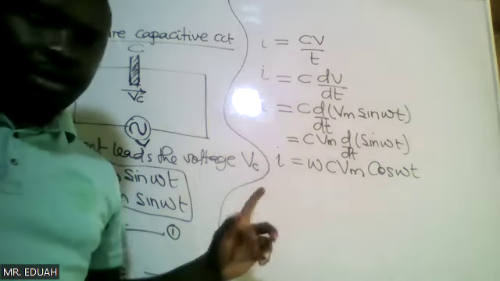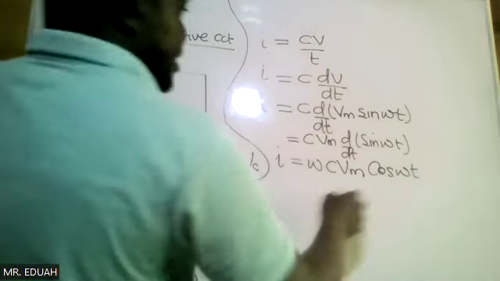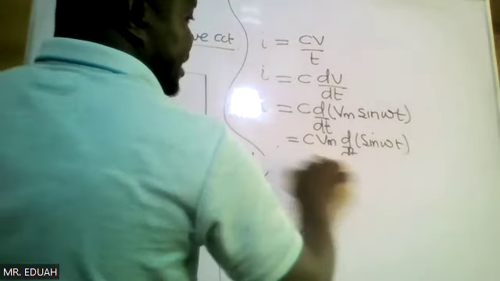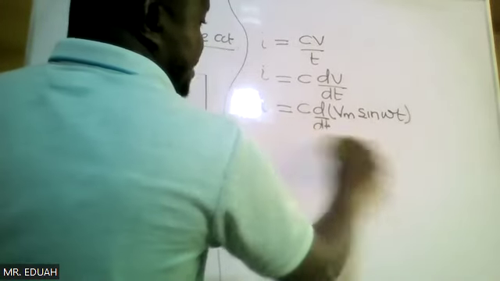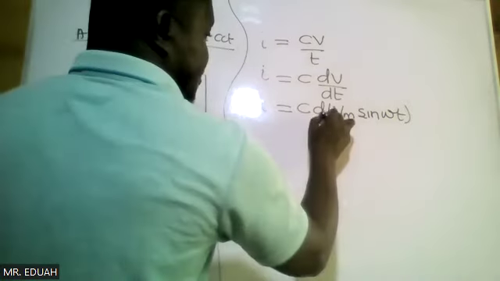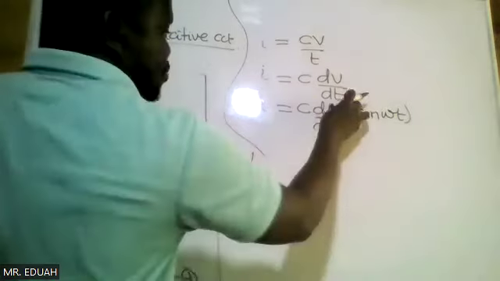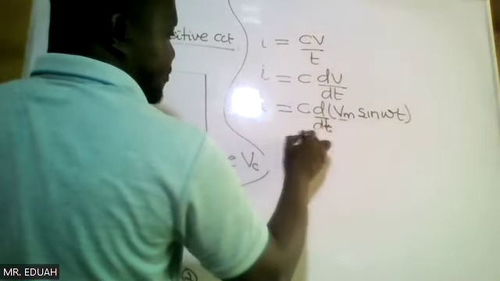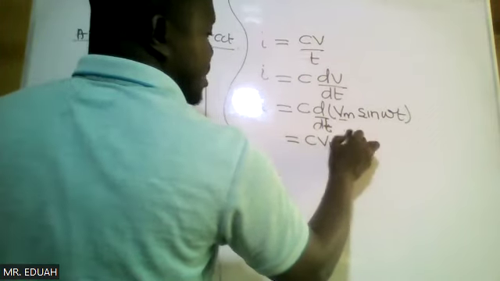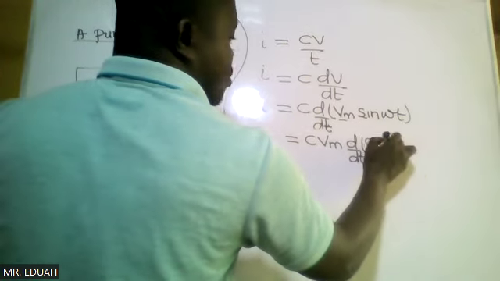I don't understand the last statement. You see, we are differentiating whatever we have within the bracket with respect to time. But in differentiation, the coefficient is not affected. So this is pulled out to multiply this. So we have C times Vm d/dt of sine omega t.